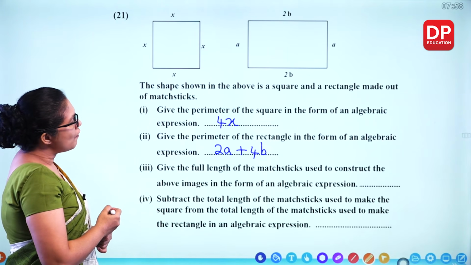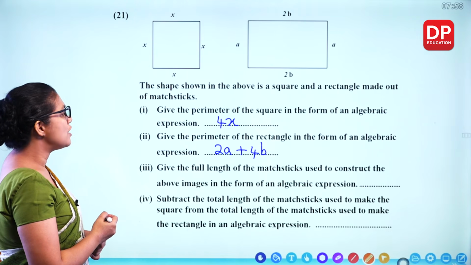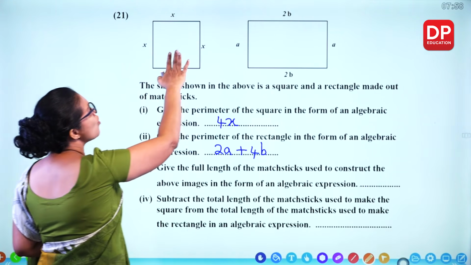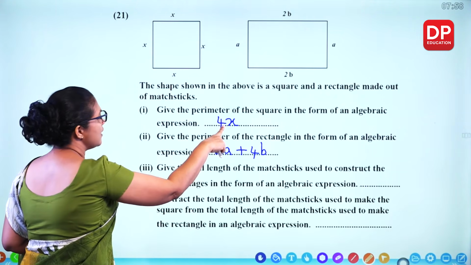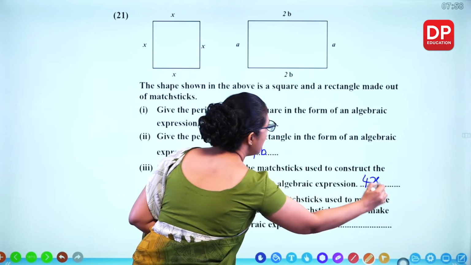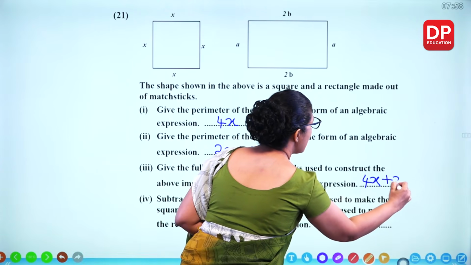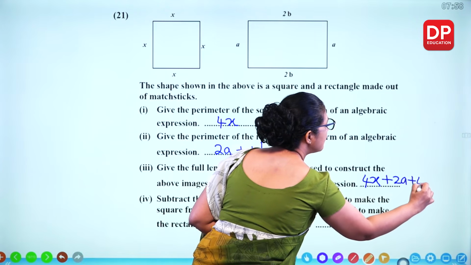Give the full length of the matchsticks used to construct the above images in the form of an algebraic expression. So, total length: length for the square is 4X and length for this one is 2A plus 4B.